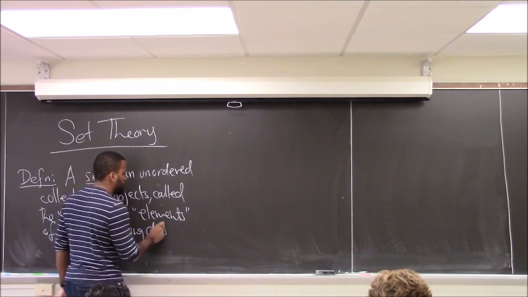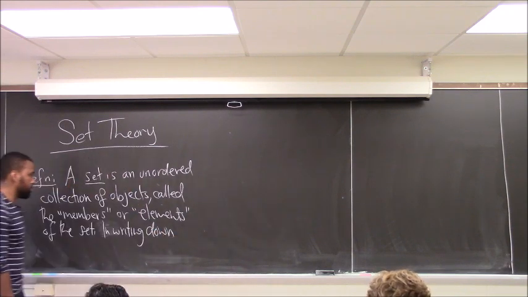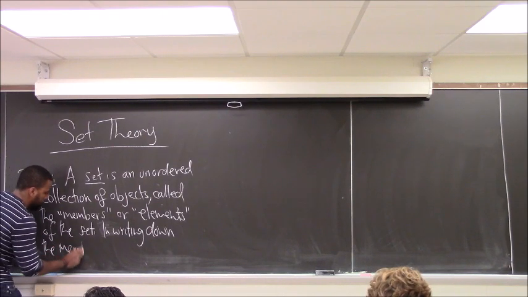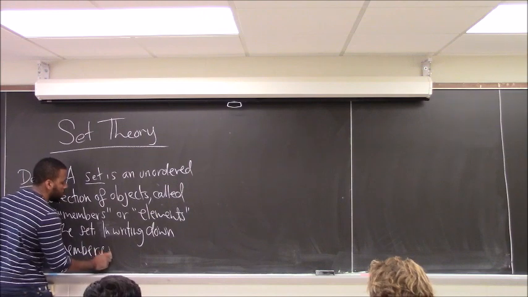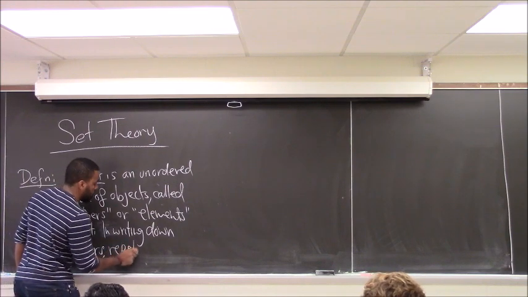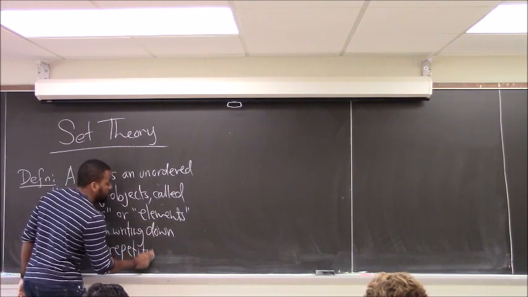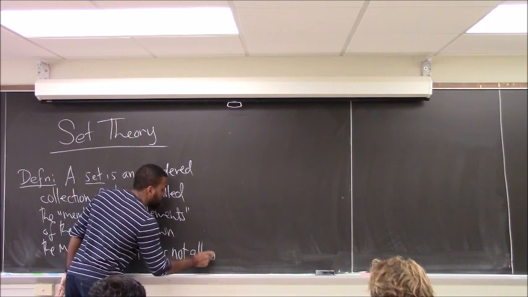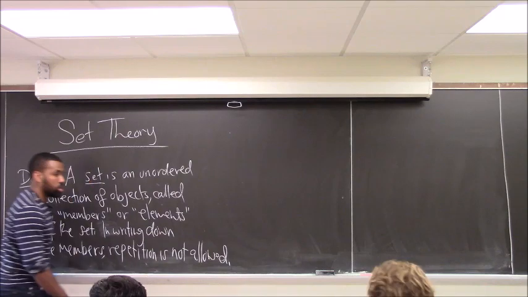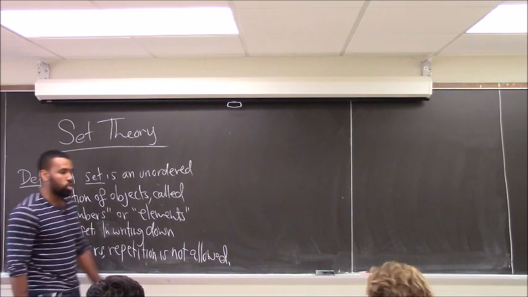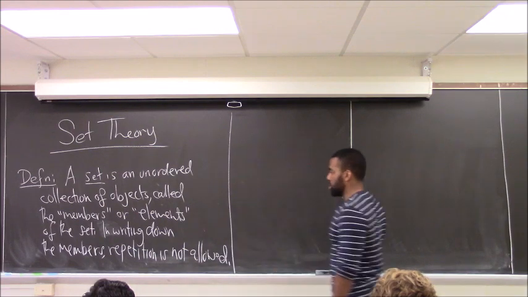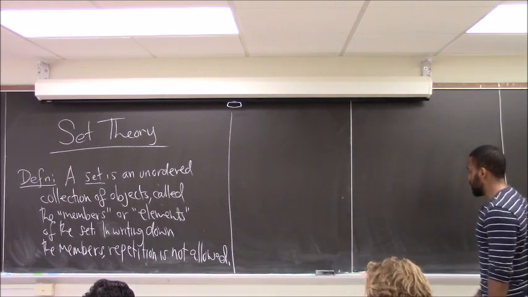Here's one more important criterion for a set: repetition is not allowed, or rather, repetition is ignored. You have an unordered collection of objects where you don't repeat anything. We call this a set.